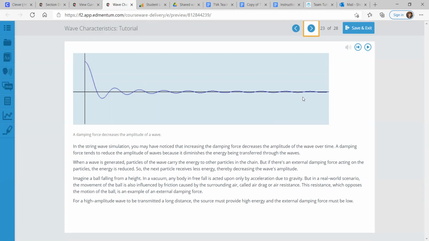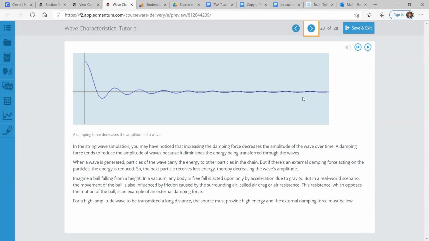When a wave is generated, particles of the wave carry the energy to other particles in a chain. But if there's an external damping force acting on the particles, energy is reduced. So the next particle in the chain receives less energy, decreasing the amplitude.